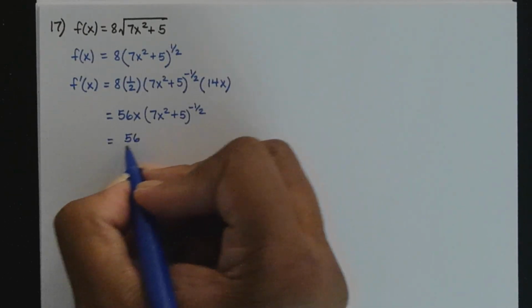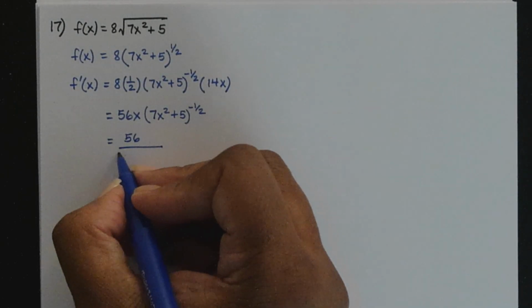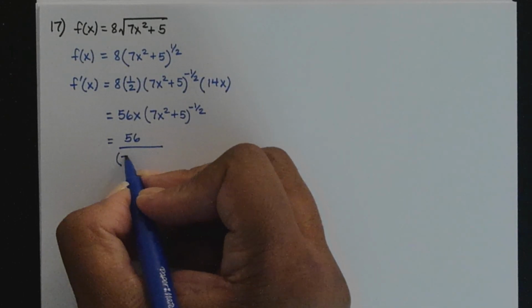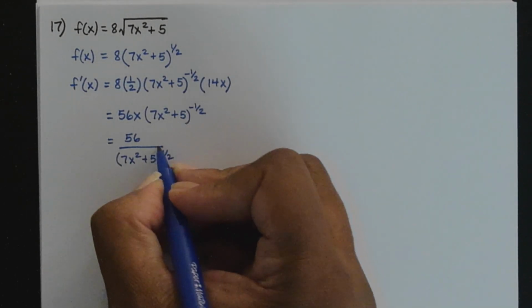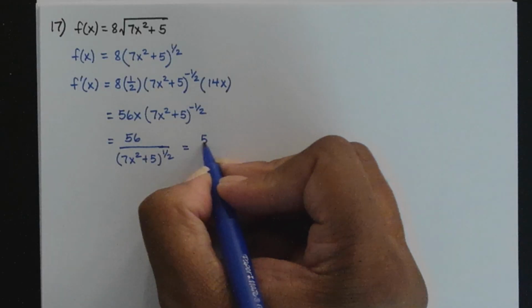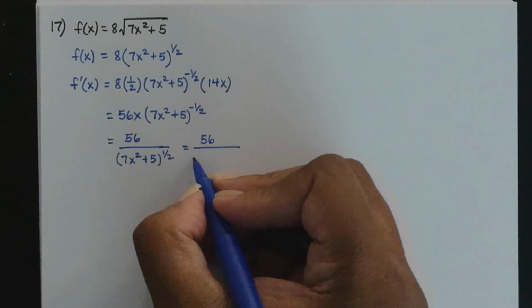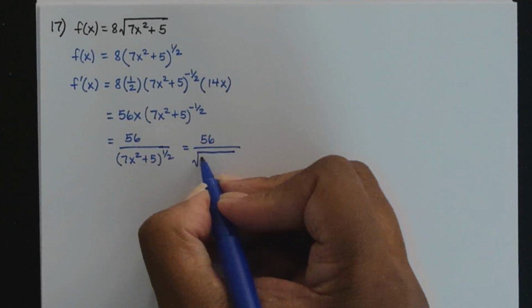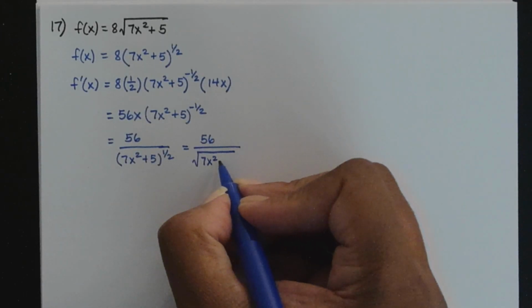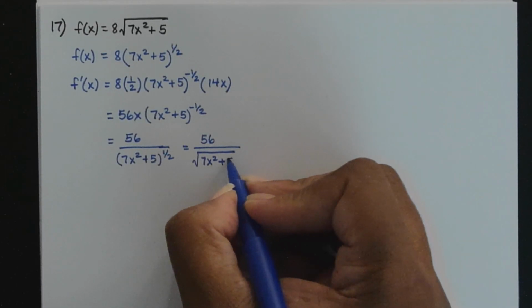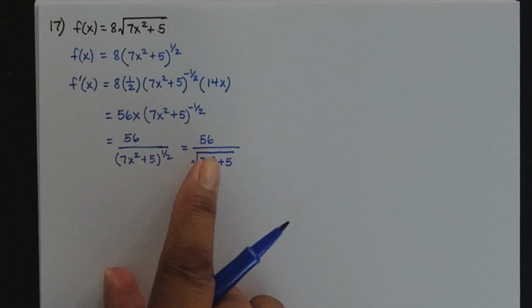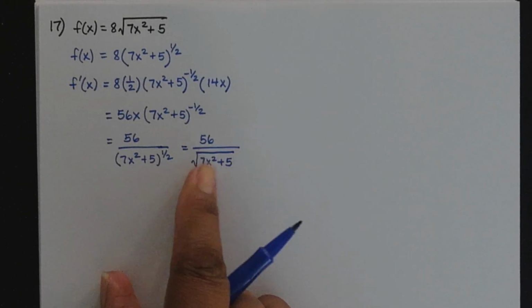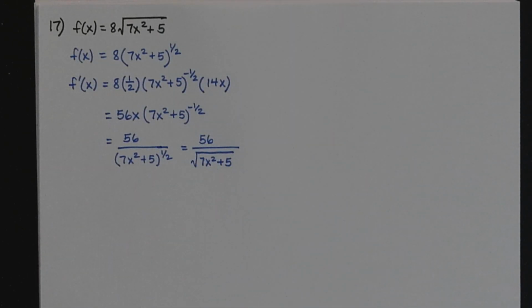And I'm going to put this in the denominator with a positive exponent, so it'll be 56 over 7x squared plus 5 to the 1/2. And then write that back in radical form as 56 over the square root of 7x squared plus 5. Now in the exam, if you left it like this, or if you went ahead and wrote it like this, you'll get full credit for it.